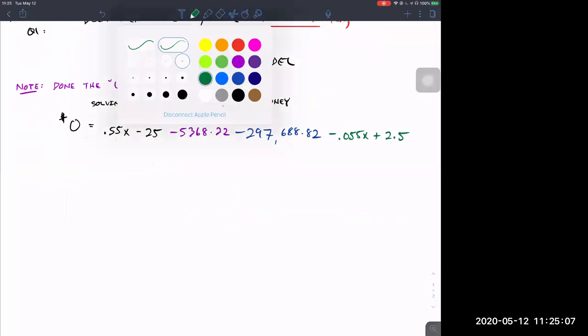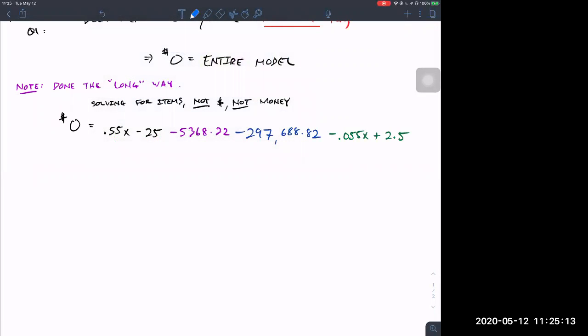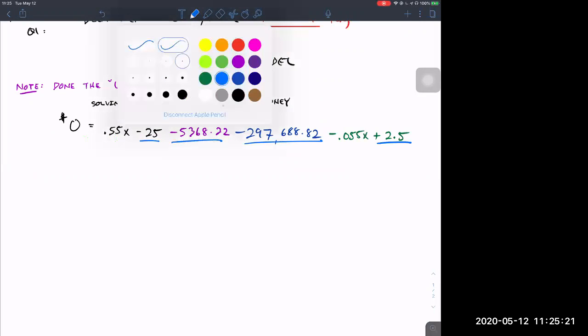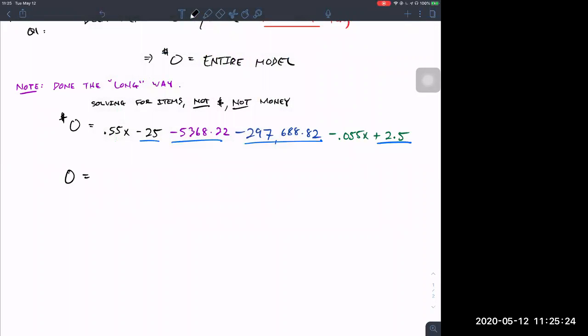Now you can combine your numbers, and the numbers you're going to combine are all these numbers right here, right? You add those up and you'll get what? 0 equals, so add or subtract depending on how you think of it.